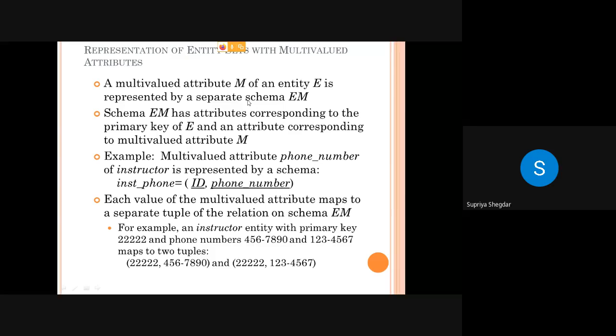The schema EM has the attributes corresponding to the primary key of E, meaning that new schema contains the primary key of that entity set and the attribute corresponding to the multi-valued attribute M. Meaning the multi-valued attribute is also an attribute of that new schema plus the primary key of that entity set. Consider an example: the multi-valued attribute phone number of the instructor is represented by the schema.